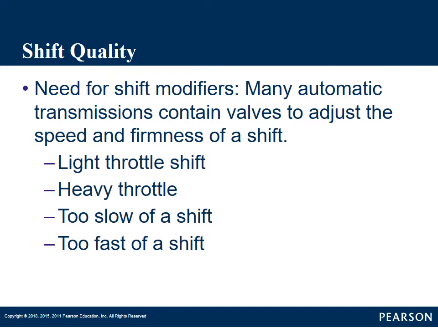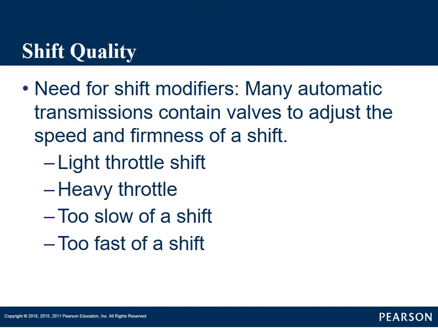First, our light throttle shift. This is made when the engine's not producing much torque and can be pretty slow and at light pressure. So when we're barely accelerating, we get a shift. The transmission can shift, and it'll be a nice smooth shift that people won't feel.